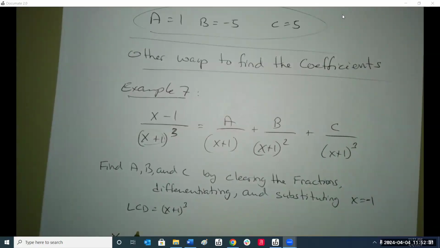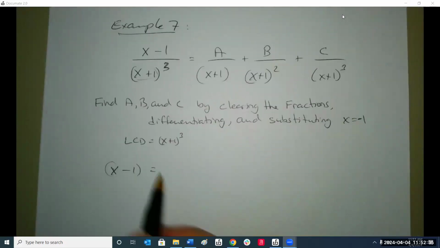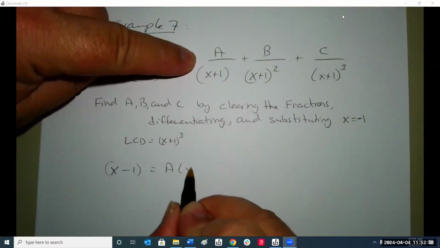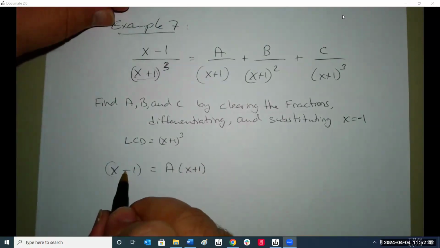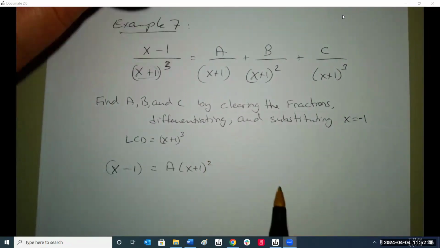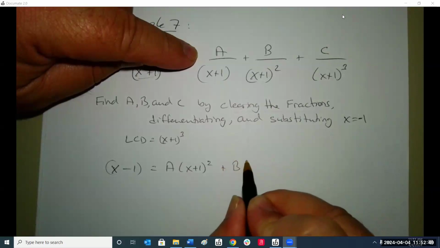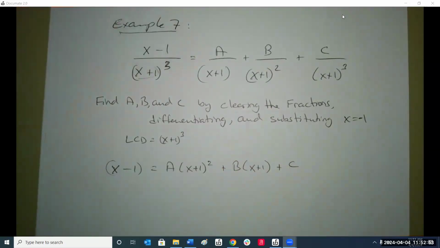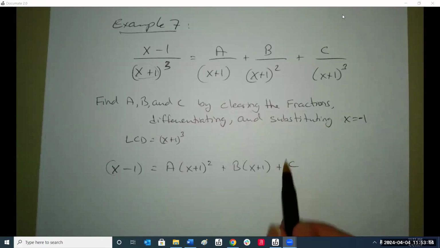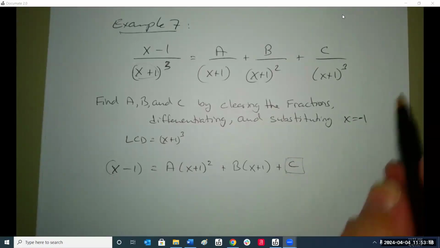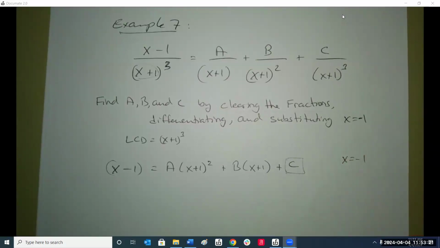That gives us x minus 1 equals A(x plus 1) squared plus B(x plus 1) plus C. Here we're going to figure out the constant by plugging in x equals negative 1.